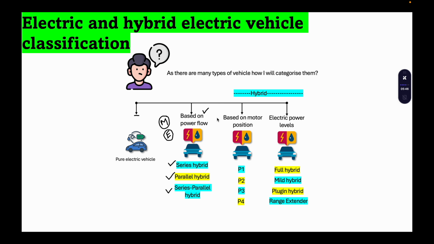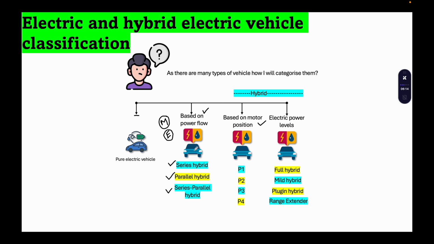Then coming to the next category, based on the motor position. Based on motor position, you will have different configurations. The first one is P1, then P2, then P3, and P4. We will also cover what the different categories are. So you already have two categories here: one based on the motor position and another based on the power flow.